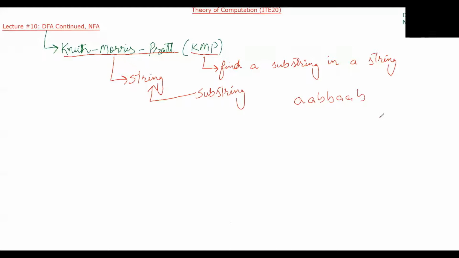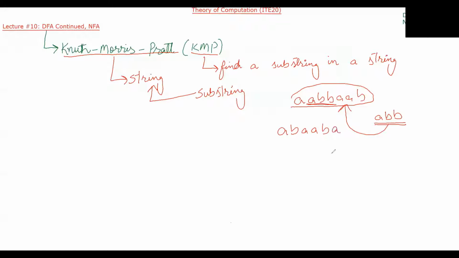Let's say this is our string AABB, and we have to find this particular substring in it. Is this substring in this string? Yes, it is. It is here, ABB.